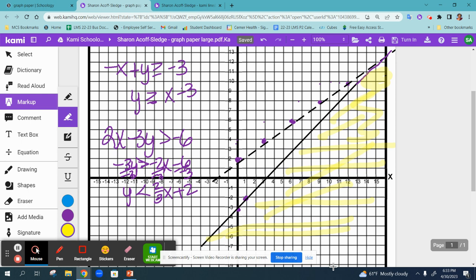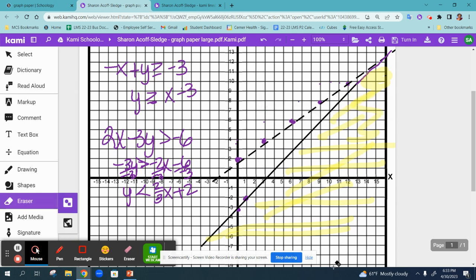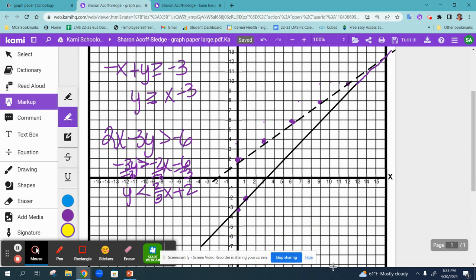Wait a minute, I did this wrong. This is greater than or equal to. So actually when it's, yeah, that's greater. No, it's going to be on top. It's kind of tricky. It just depends on which way your line is leaning. And since this is leaning this way, my greater than is going to be above the line. That's where y is increasing. Sorry about that.